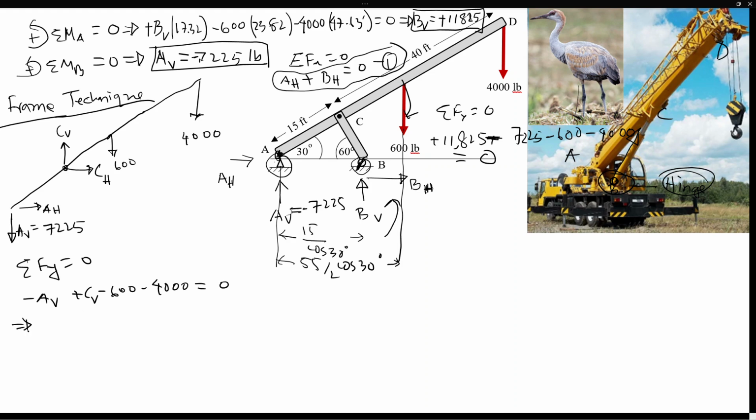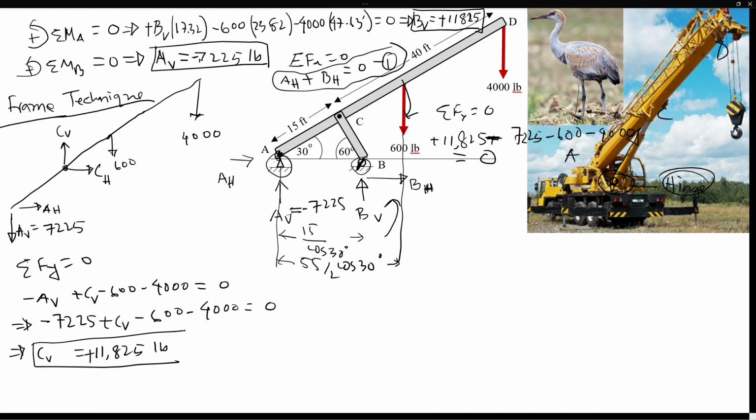That will give us CV, because we already know the vertical component at A, which is 7,225, minus 600 minus 4,000, everything sums to 0. So I have found that CV is equal to 11,825 pounds, and that is positive, so that's upward direction.